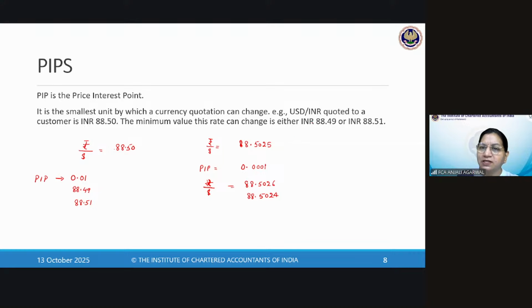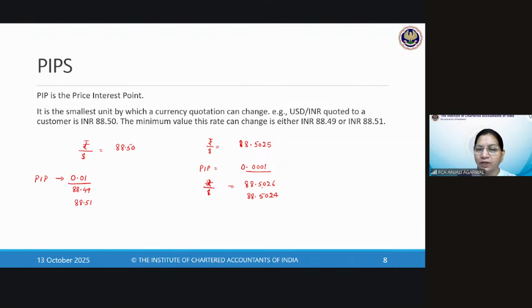So if the USD INR, that is 1 USD equal to how many INR, quoted to a customer is 88.50, the minimum value this can change to is 88.49 or 88.51. That is when the PIP was 0.01. What if the PIP was 0.0001? That means we are taking the price of a currency up to 4 decimals. In that case, a fluctuation can be a minimum of 1 in the last digit.